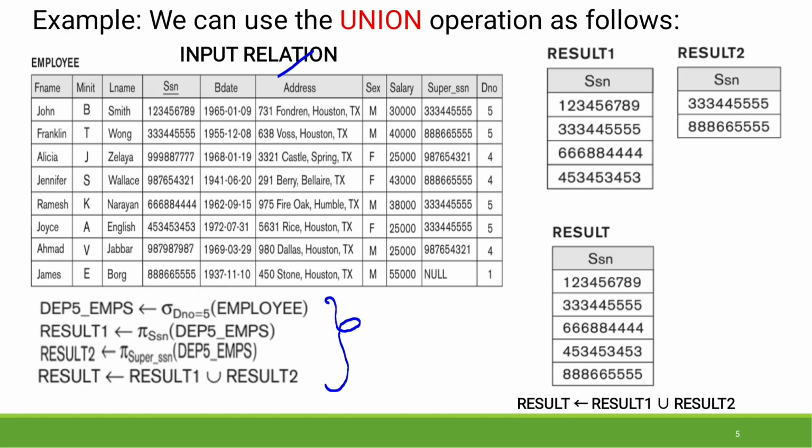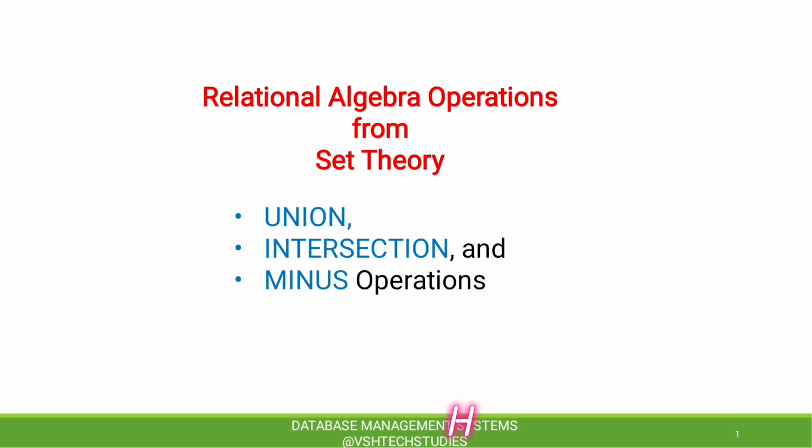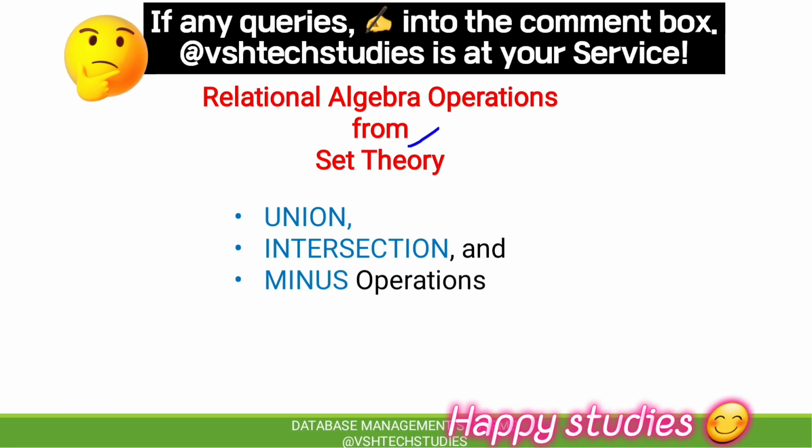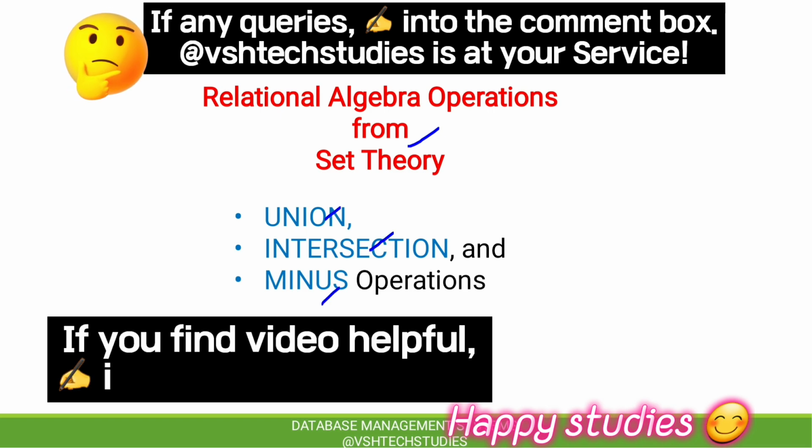That shows the example of one of the set theory operations, union. This way, set theory operations are used in many practical applications. With that, we come to the end of discussion on relational algebra operations from set theory in DBMS, that is union, intersection and minus operations.